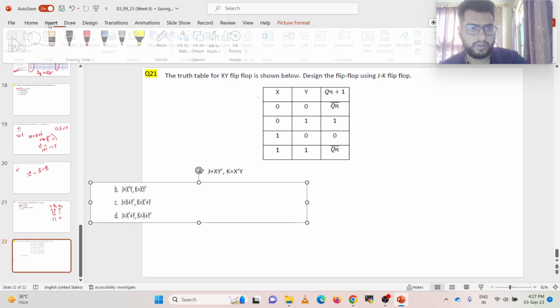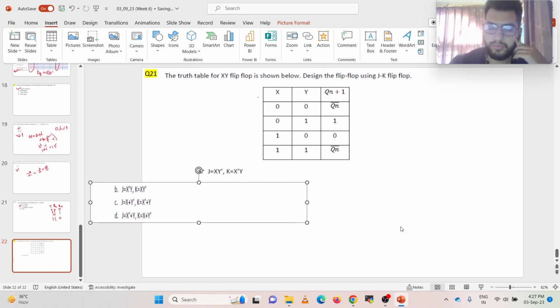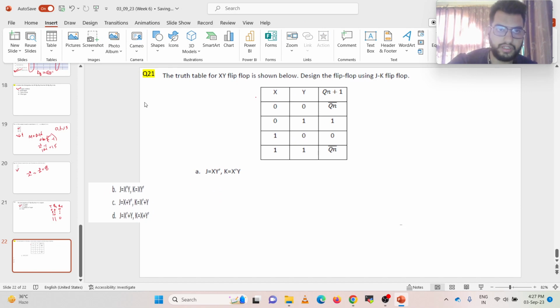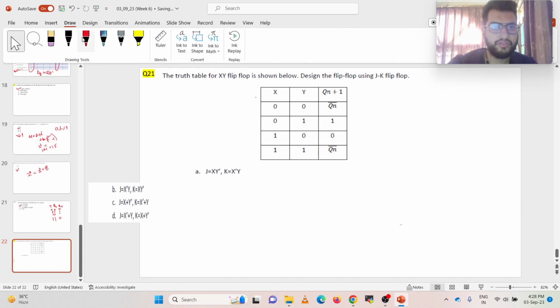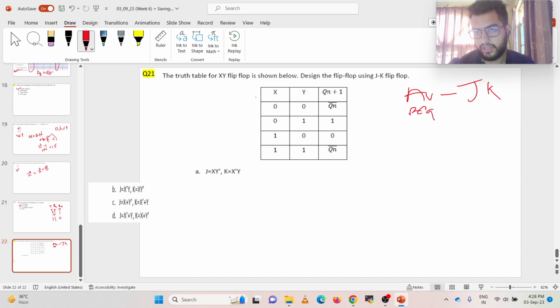So I told you whenever we have these conversion problems at hand, we need to do two things. First, find the required flip-flop and available. So the available is JK, the required is XY. We don't know what it is, so it's XY. Then what was the next step?